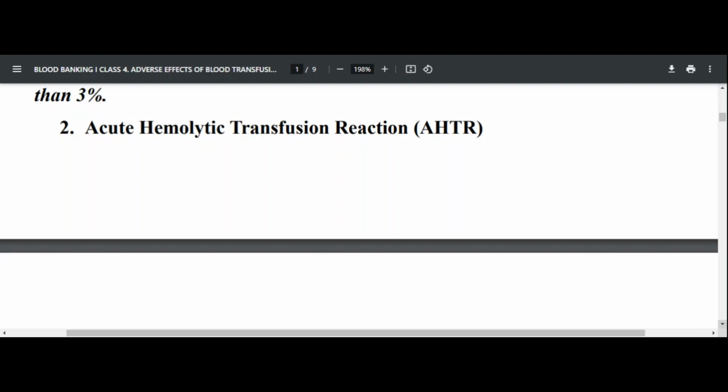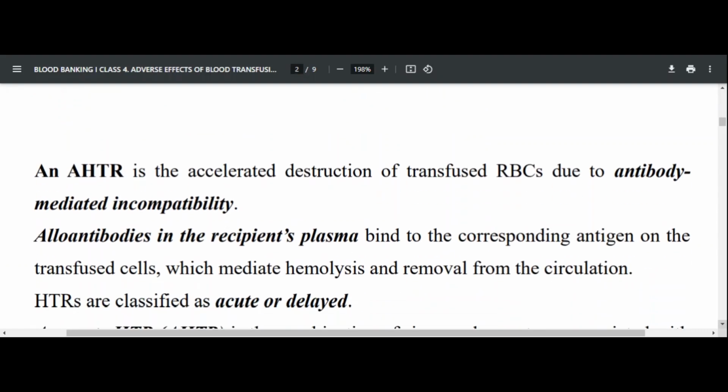The second is acute hemolytic transfusion reaction. This is one of the most common adverse reactions of transfusion. Acute hemolytic transfusion reaction is the accelerated destruction of transfused RBC due to antibody-mediated incompatibility.